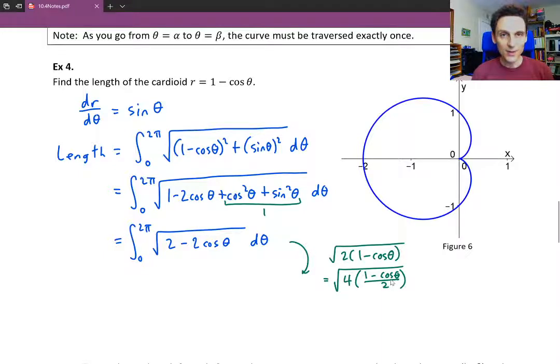Now if that looks like dark magic, just take a moment to step back and try to simplify this. Here a 2 would cancel and we would get back 2 times the 1 minus cosine theta, getting you back to where we started from. The whole reason we're taking this step is to put a 2 underneath the 1 minus cosine theta.